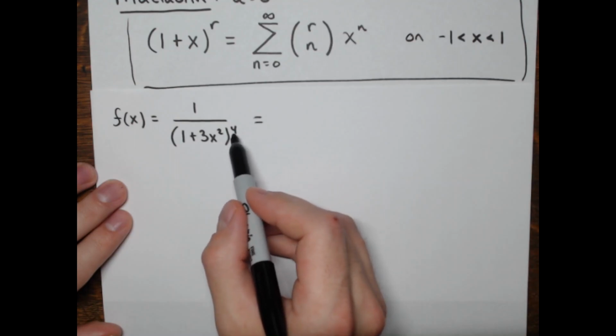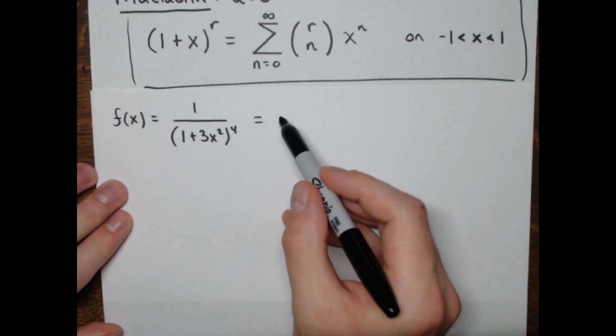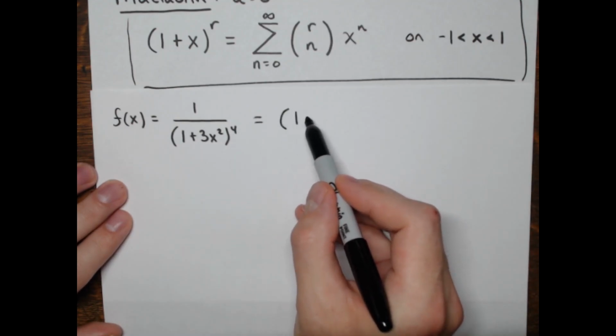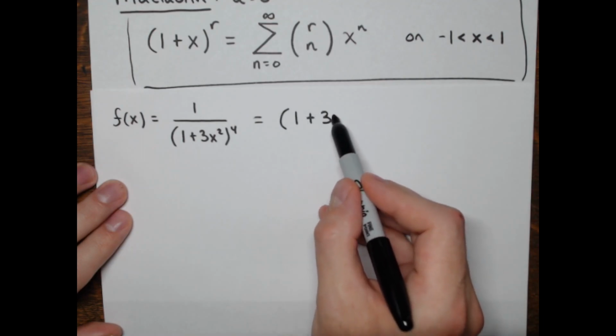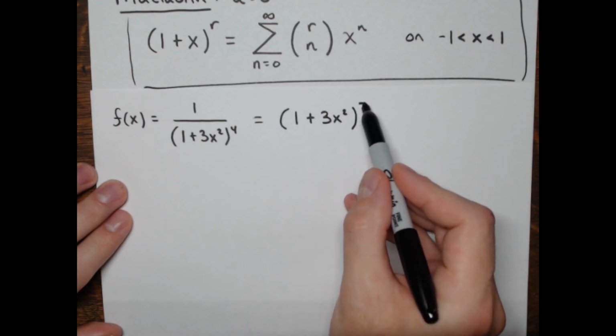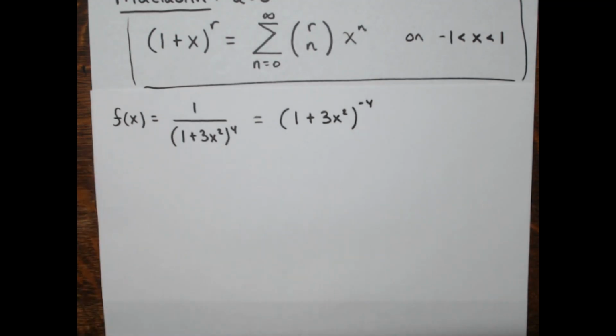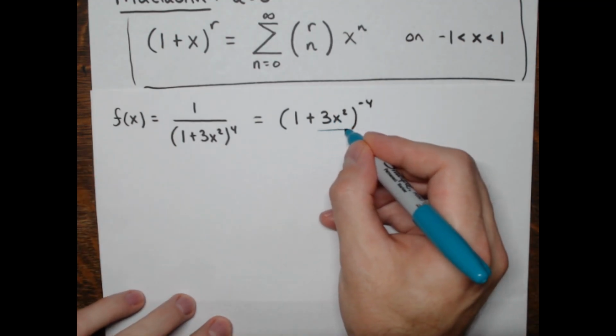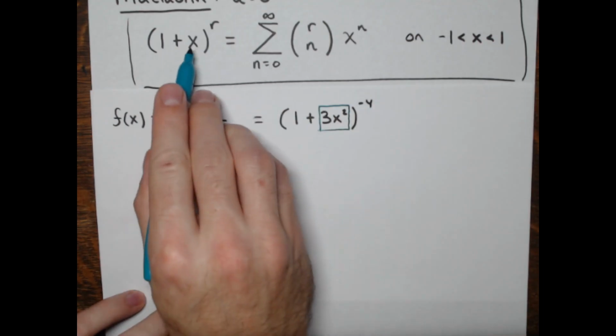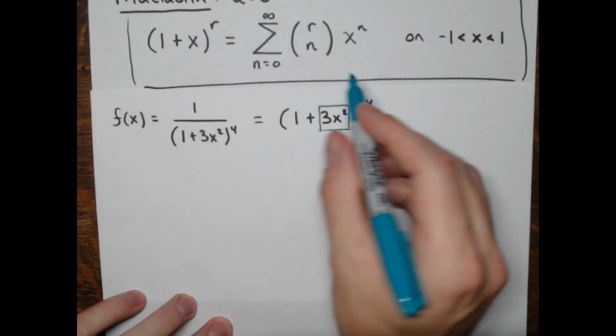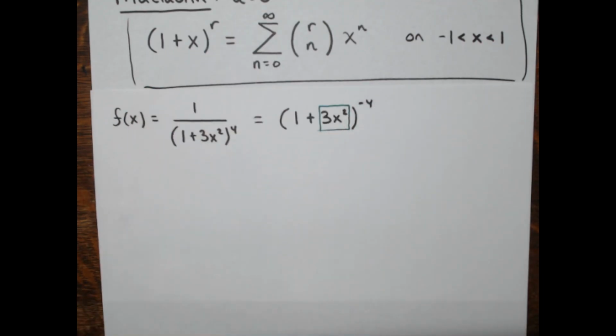Just know that you might come across problems where there's not a fourth power, but this is this binomial 1 plus 3x squared to the negative fourth, right? So this 3x squared is going to replace the x, right? 1 plus something, and then r is negative 4.